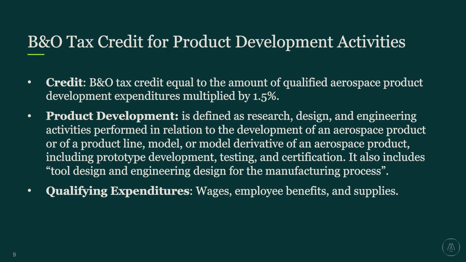Other auditors take the approach that it has to be new and unique to this taxpayer specifically, which is more in line with the federal R&D credit standards. So we make you aware that when you're in an audit or a refund claim, it's helpful to really make the auditor understand how you've tied this back to the definition of product development, looking at what the statute says and what the guidance says. Getting back to that guidance is helpful, because sometimes we can veer off of that, so always bring it back to the definition.